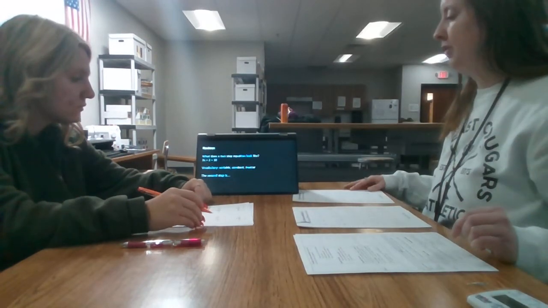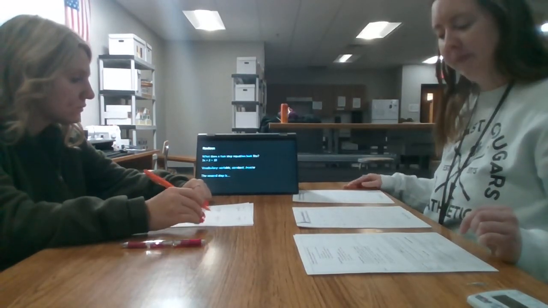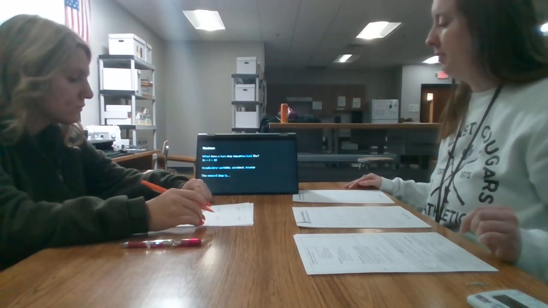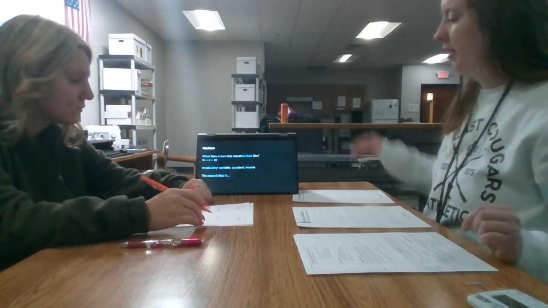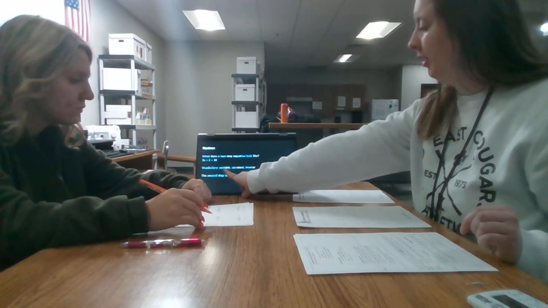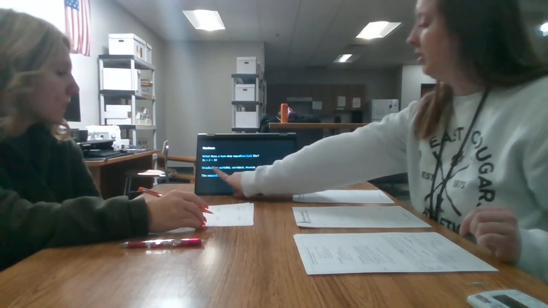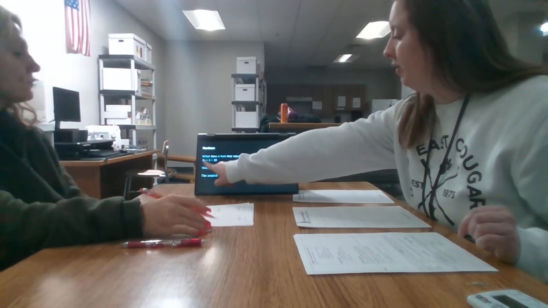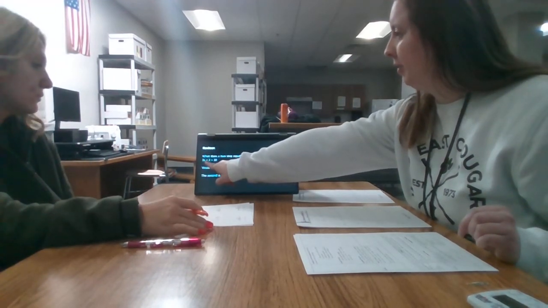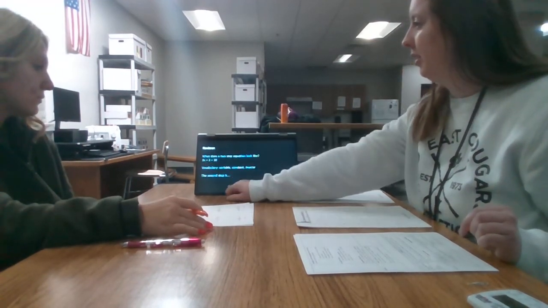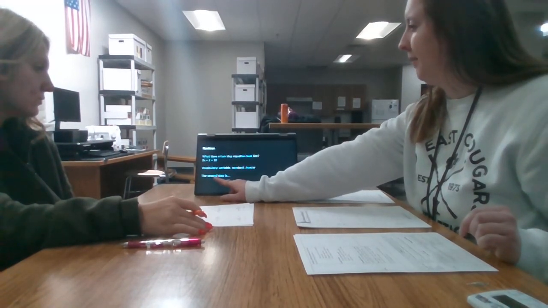Okay, so let's review. What does a two-step equation look like? Our vocabulary here is a variable, constant, and inverse. So let's look at this equation. And can you name what this would be right here, this 3x? Constant. Try one more time.